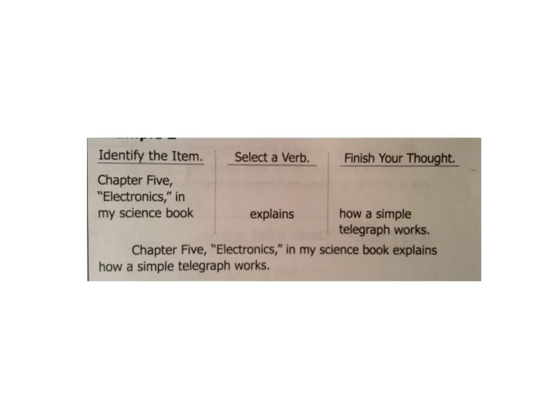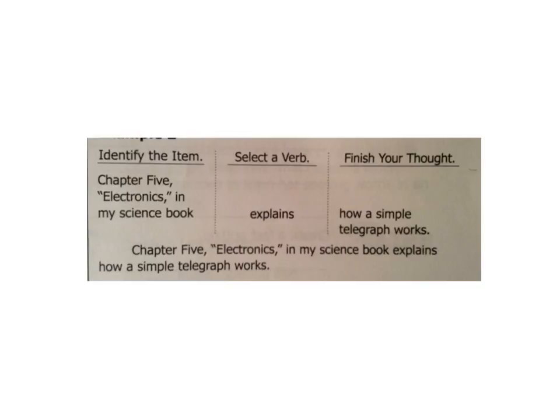Let's look at an example we had in the first video about Chapter 5 Electronics in the science book. And we had come up with a topic sentence. Chapter 5 Electronics in my science book explains how a simple telegraph works. So there was our IVF, and then we wrote it right here into a topic sentence.